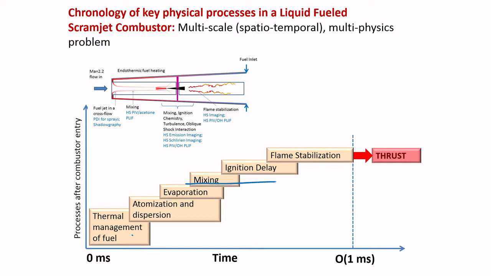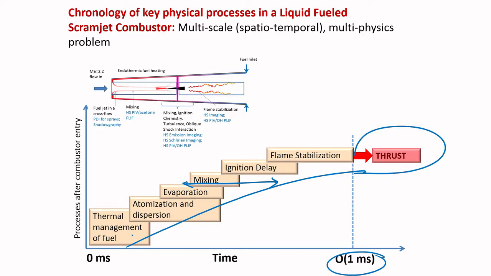The mixing is actually a very long process. And then you must have ignition delay, so you must have ignition, and that takes some time, and then you have flame stabilization. All these processes take time, and all have to be completed within this 1 millisecond, and all of them functioning properly in an interacting manner is required to generate the thrust.